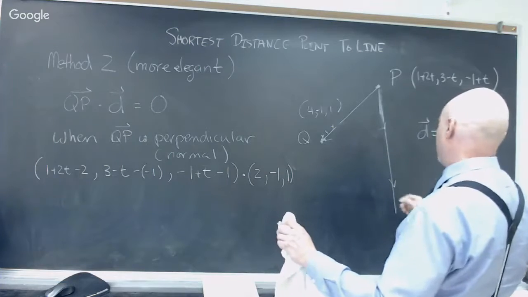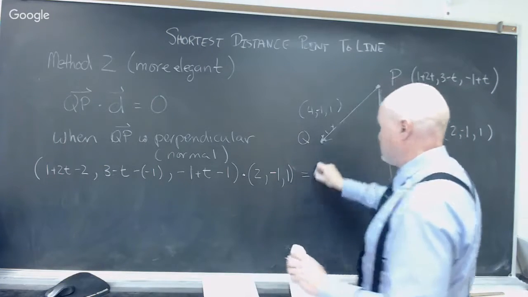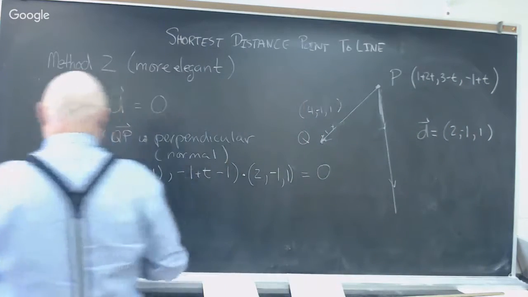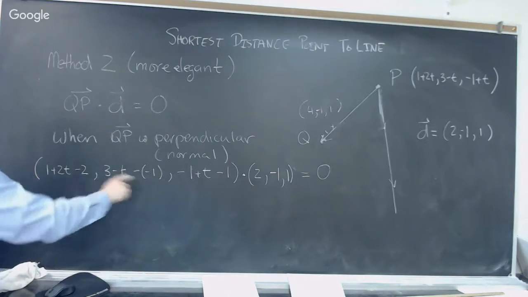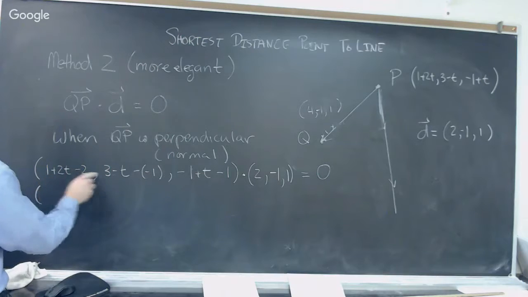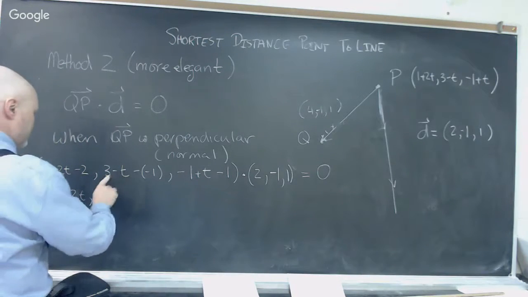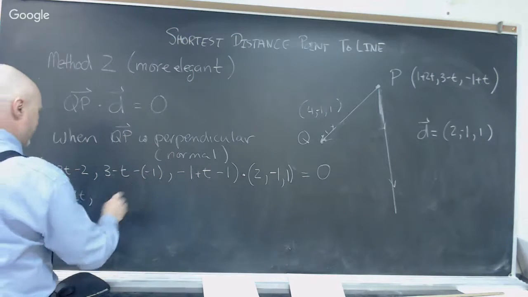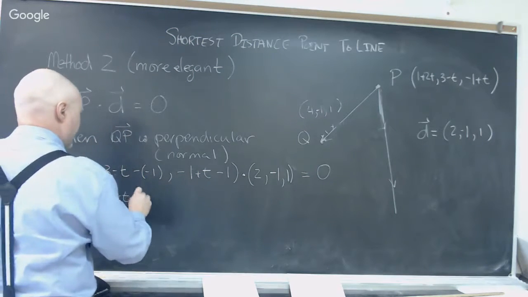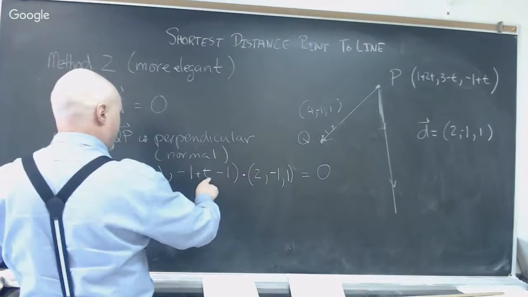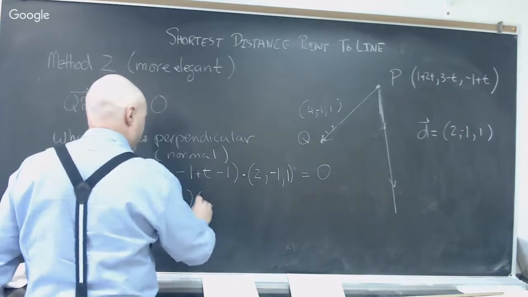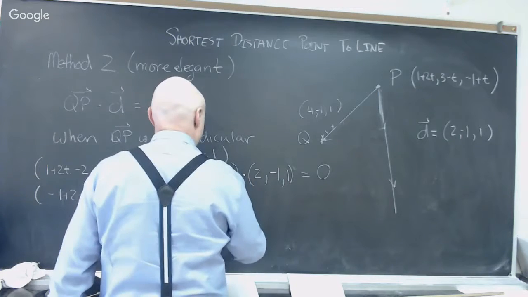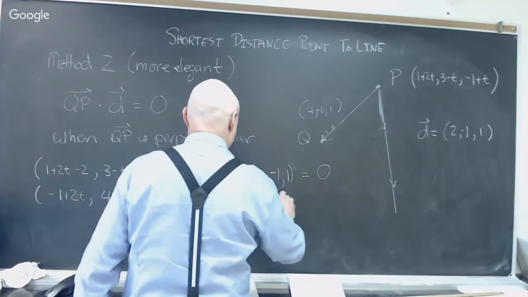We're just doing the dot product with that. And it's equal to 0. So this looks like it's going to go swimmingly. So I'm going to simplify this QP calculation here. So 1 minus 2, negative 1 plus 2t, 3 minus negative 1, 4 minus t, and negative 1 plus t minus 1 is negative 2 plus t, dot 2, negative 1, 1, and that's going to be equal to 0.